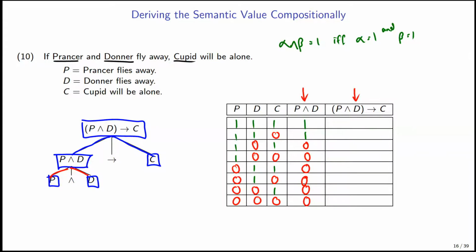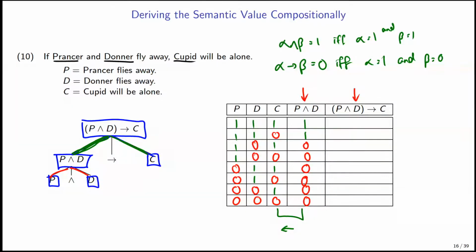Now, P and D arrow C, I need to consider the values from P and D to C. So really what I'm doing is I'm comparing these two, and I'm doing it backwards. So P and D is our antecedent, C is our consequent. Remember, alpha arrow beta is false if alpha is true and beta is false. It's going to be true in every other case.